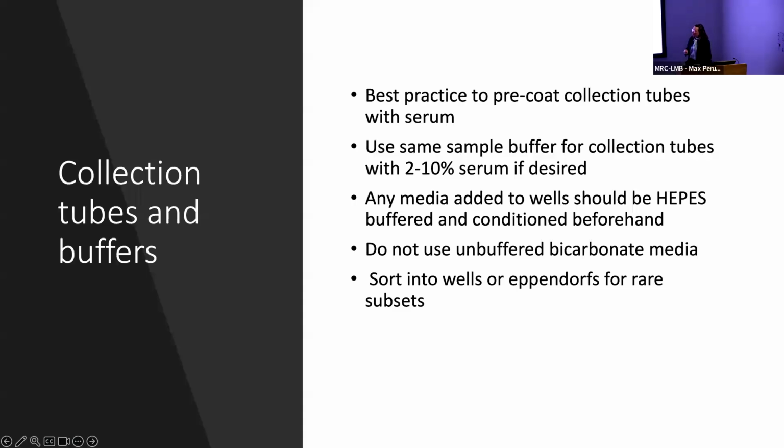We also mitigate that by ensuring that the collection tubes don't get overfilled. So we always leave quite a bit of a buffer. If we have a 5 ml FACS tube, we wouldn't sort all the way up to 4 ml of volume. We'd probably prefer to sort more like 3.5, just to mitigate any kind of increase or decrease of purity at the end.